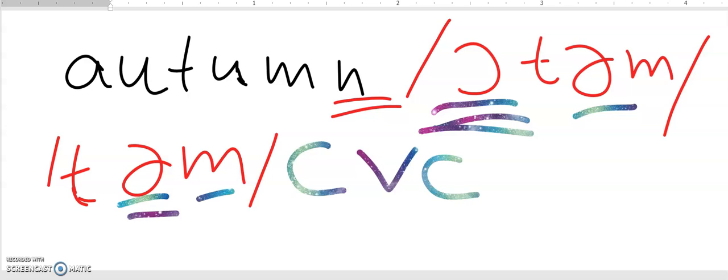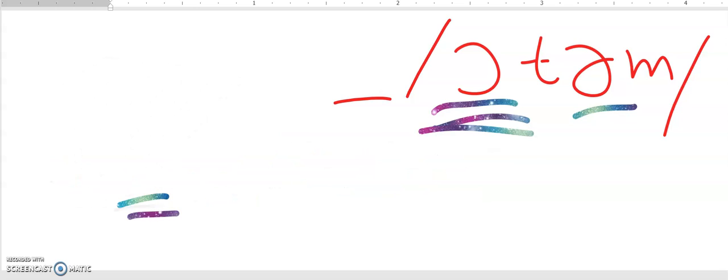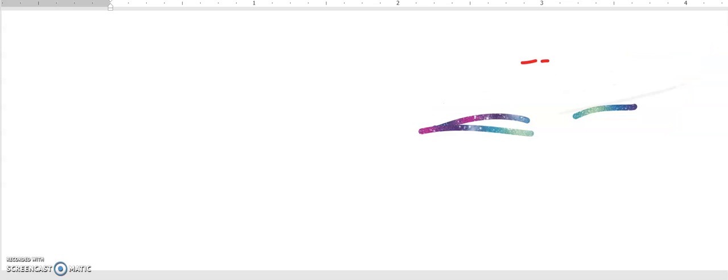So for this syllable, it is a full one, C, V, C. I don't consider the final n, because it is a silent letter.